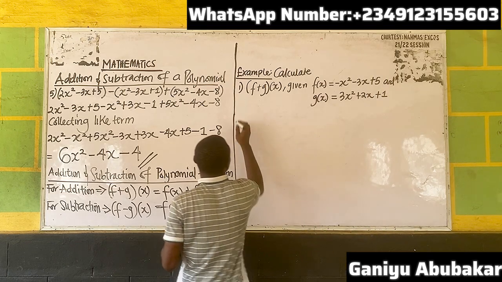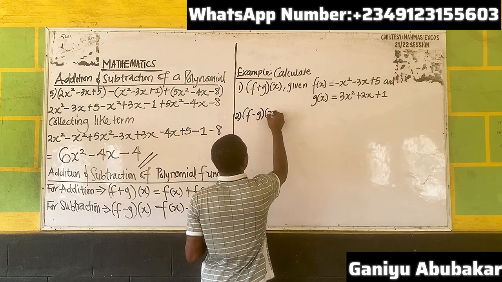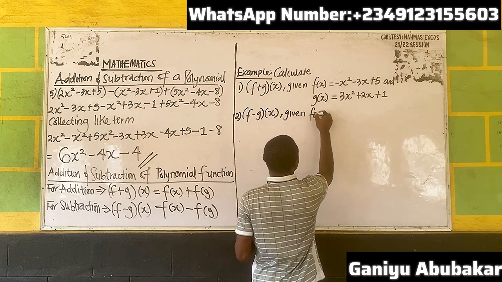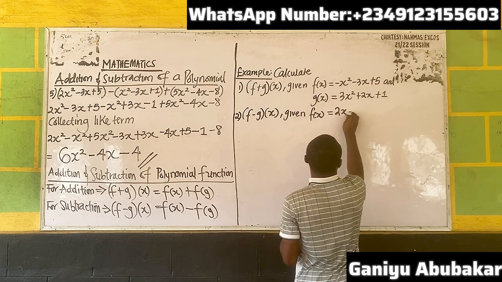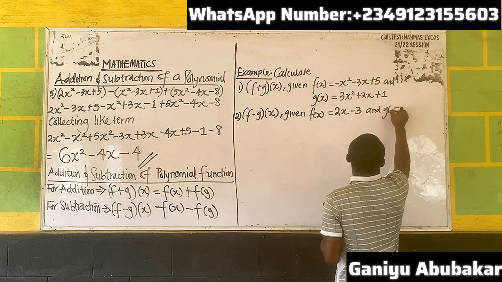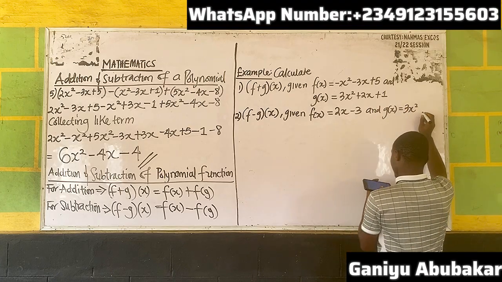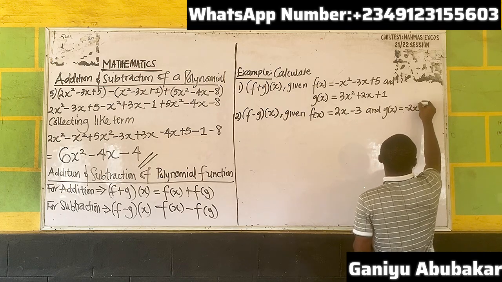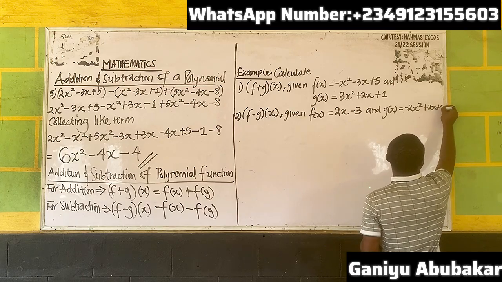Number two says f minus g of x, given that f of x is equal to 2x minus 3 and g of x is equal to negative 2x squared plus 2x plus 5.